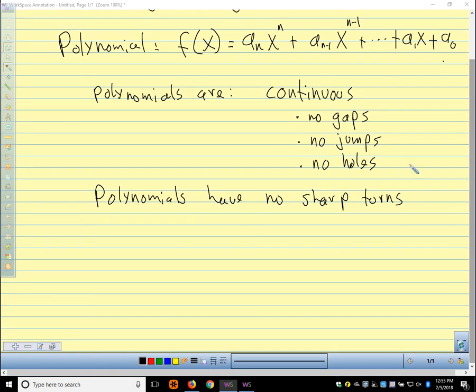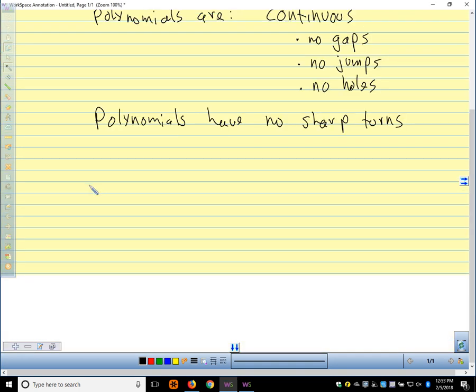So what we're interested in today is figuring out a little bit about how they behave based on their powers and these coefficients. And then later we're going to talk about how we can use these coefficients to figure out what the zeros are. First I want to draw some pictures.